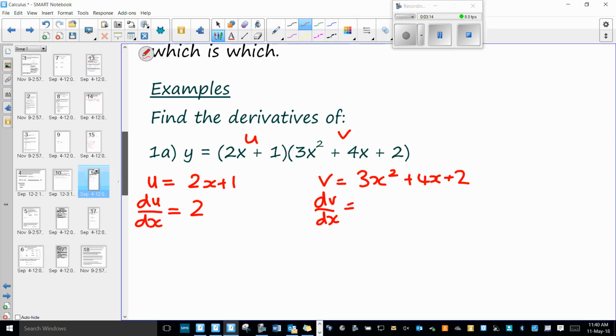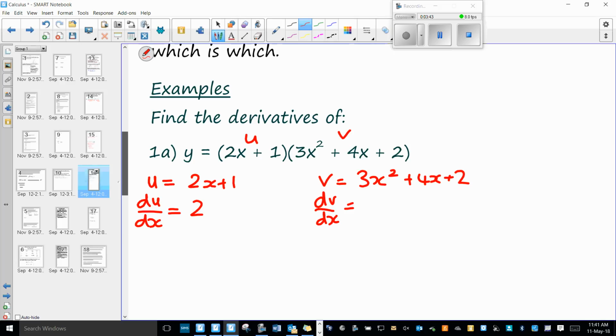It's just a fancy way of writing it. So had you had g's here, so if it said 2g plus 1, you would have written du dg. Okay, so that's all that means. Okay, so that's why in that chain rule substitution we had du on the bottom, because we had y equals u to the power 4. So that's why we wrote dy du.